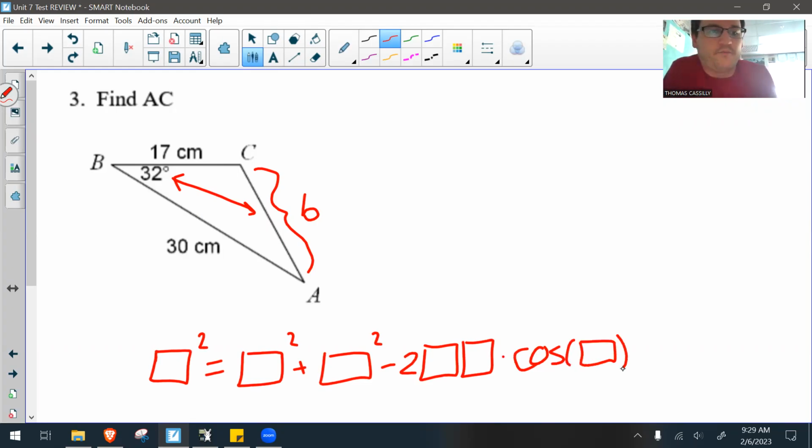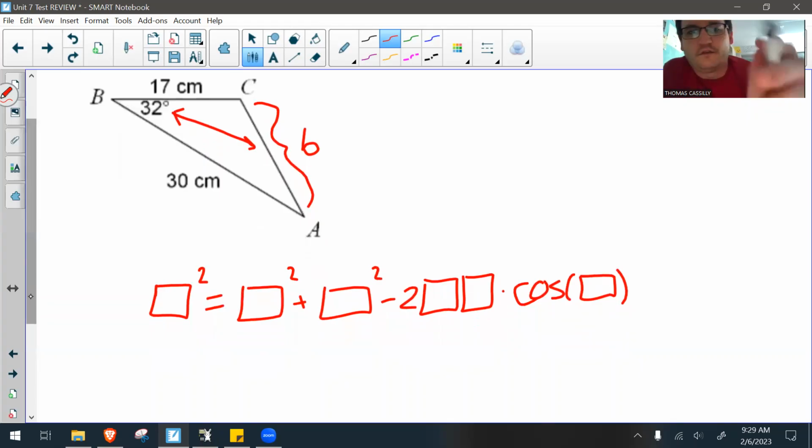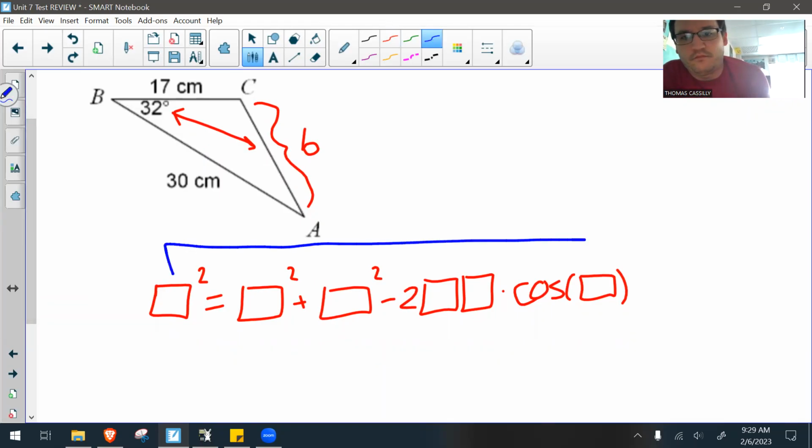All right. Now, to kind of figure out what goes where, whatever angle we have is always going to be across from the side length that we're looking for. So we have the 32-degree angle. So the unknown, the thing we are trying to look for, is going to be opposite from that angle that we have.